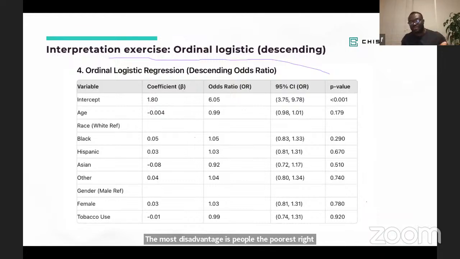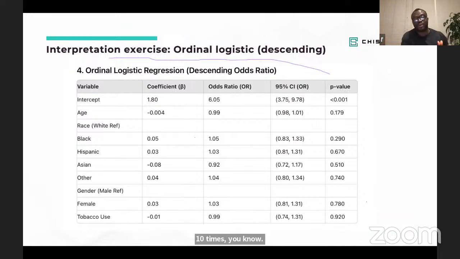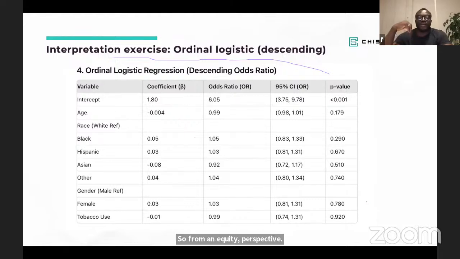So from an equity perspective, it makes sense to use the most disadvantaged as a reference group. You may see that people with high income had 10 times the access to care compared to the poor, and then we can say these people are really disadvantaged. So from an equity perspective, sometimes we use the most disadvantaged group as a reference group.